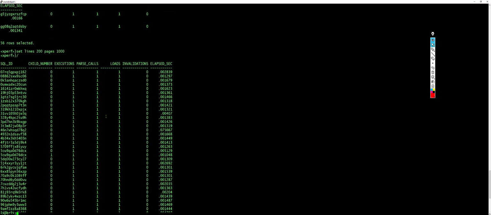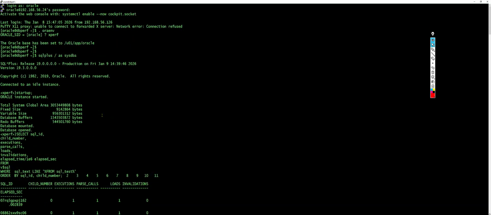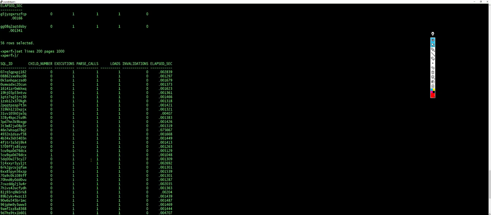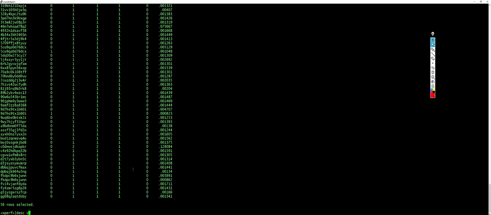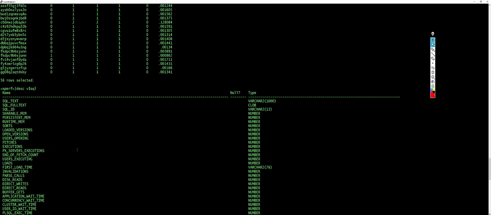Here I have filtered the SQL statement with a wildcard on SQL_TEST, and you can see all the 50 executions of the particular SQL statement printed here. You can also describe V$SQL.